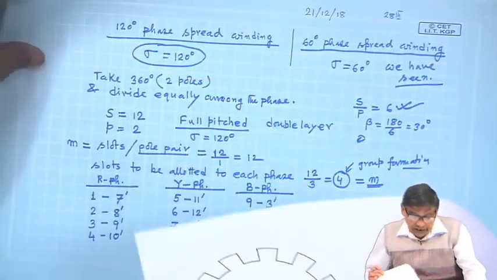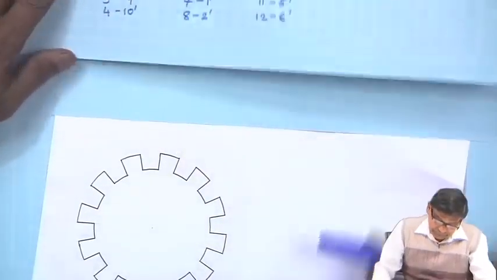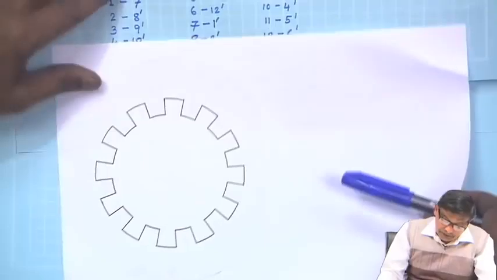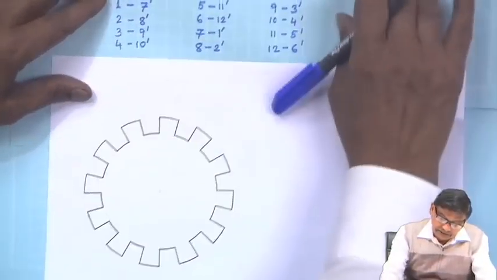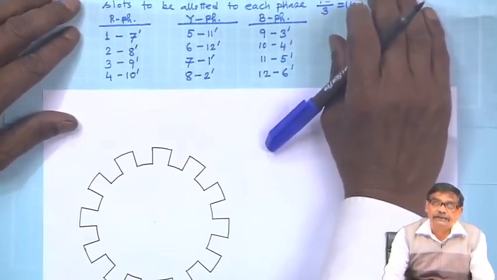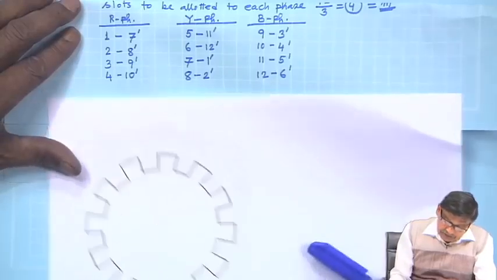So, what I am telling is, in this case we do like this, at least one I show, so that you can understand. This is the thing, and suppose these are the slots.